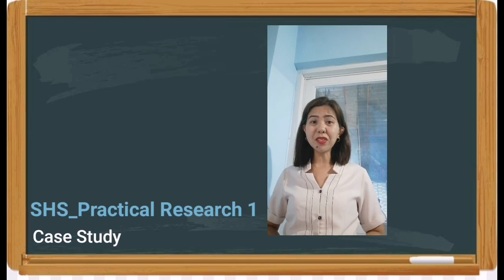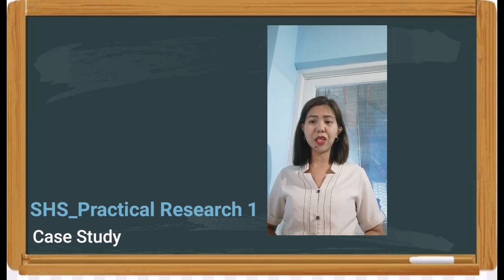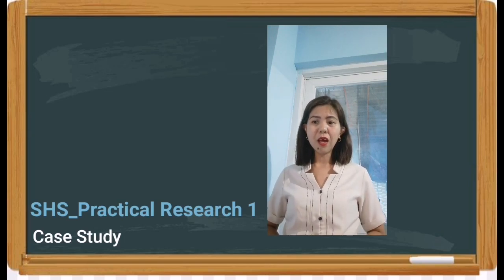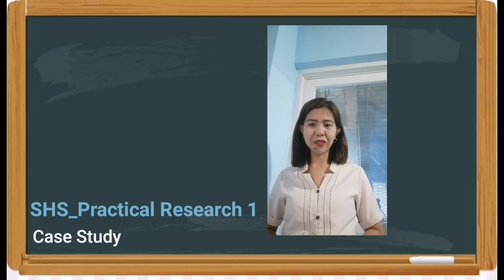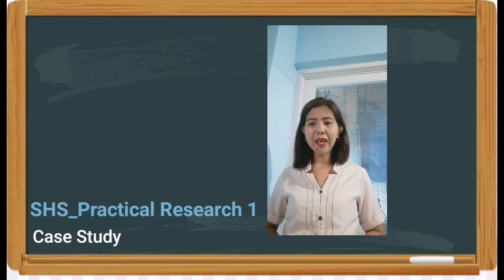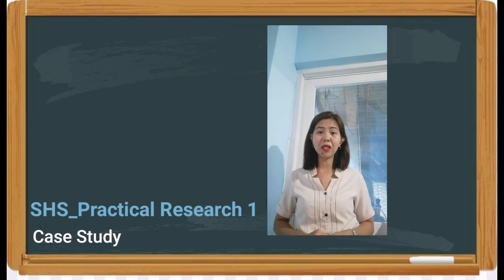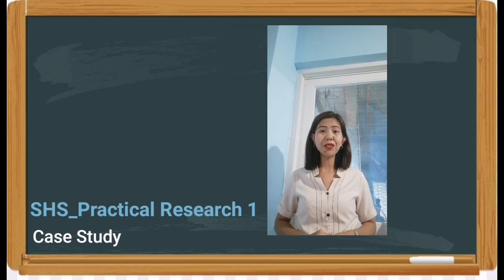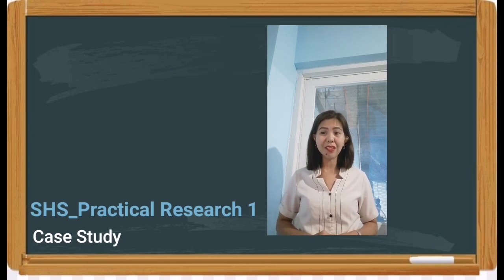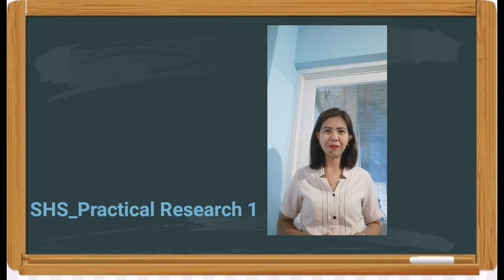This design centers on an individual or single subject matter. The methods of collecting data for this type of design are interview, observation, and questionnaire. One advantage of this design is its capacity to deal with a lot of factors to determine the unique characteristics of the entity.